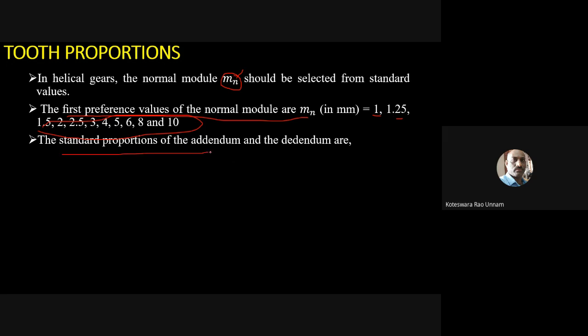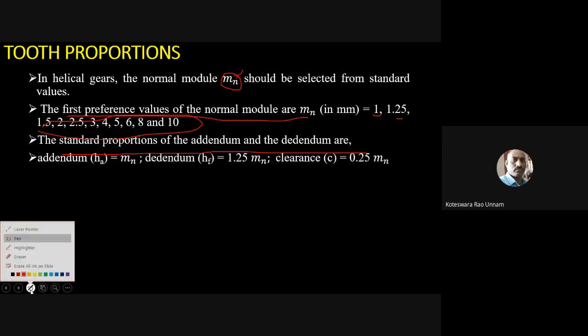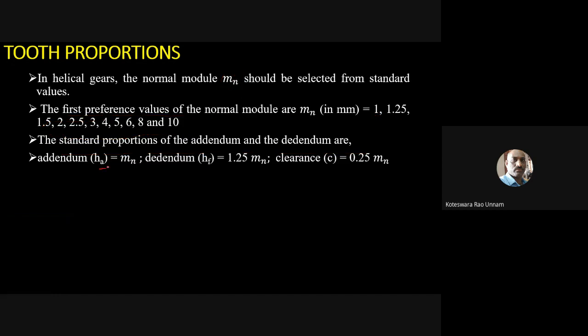The standard proportions of the addendum and dedendum are: the addendum is equal to 1 normal module, and the dedendum is equal to 1.2 times the normal module, and clearance is equal to 0.25. You can see that here clearance is because the addendum and dedendum are not equal.